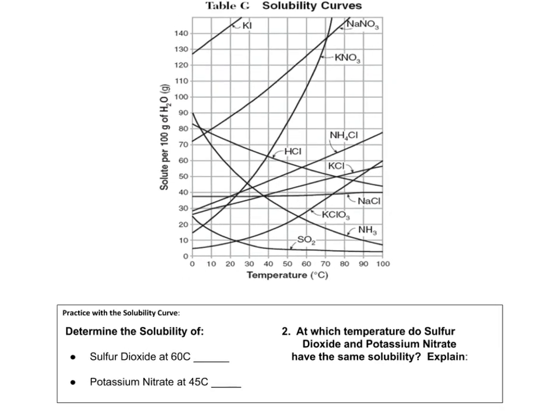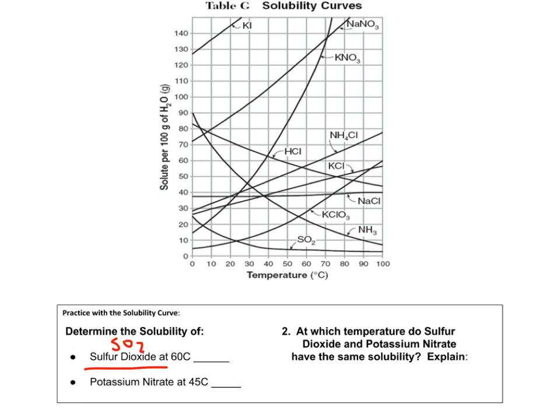There we go. All right, so sulfur dioxide is right here, SO2. Okay, so this is SO2, and I want to figure out the solubility of sulfur dioxide at 60 degrees Celsius.